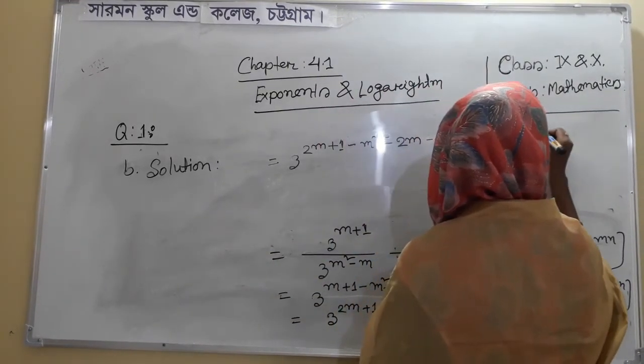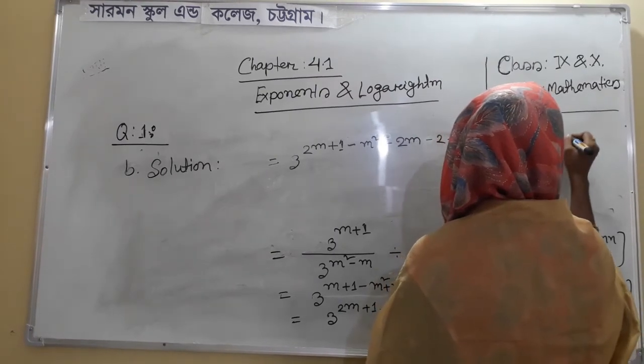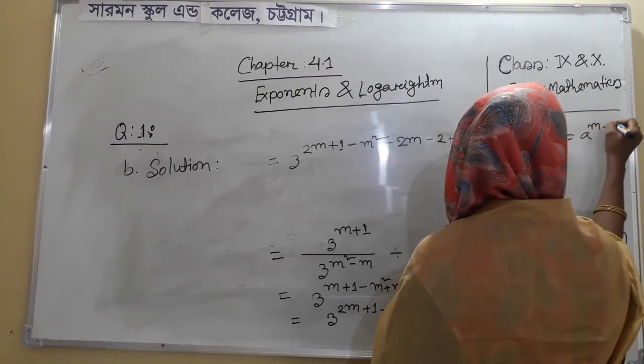Since a to the power m divided by a to the power n equals a to the power m minus n.